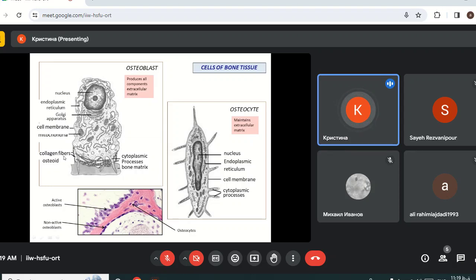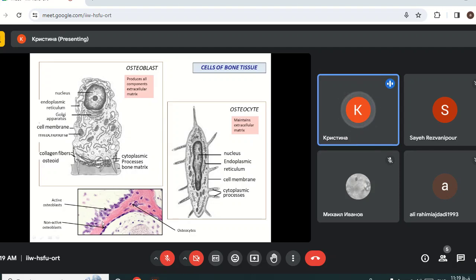It consists of collagen fibers and glycoproteins and proteoglycans. And during the next step, the osteoid, which is lightly stained, is this light thin area between the cell itself and pinkish stained mature bone tissue.